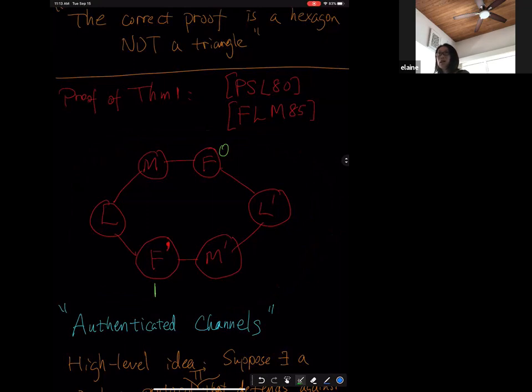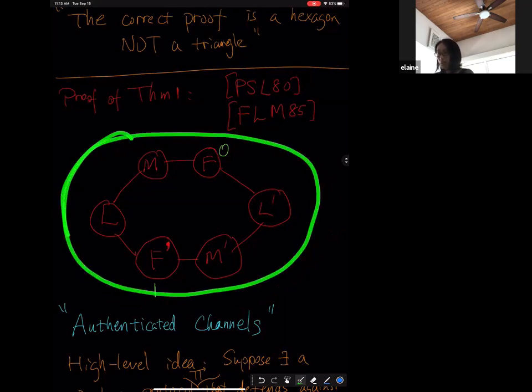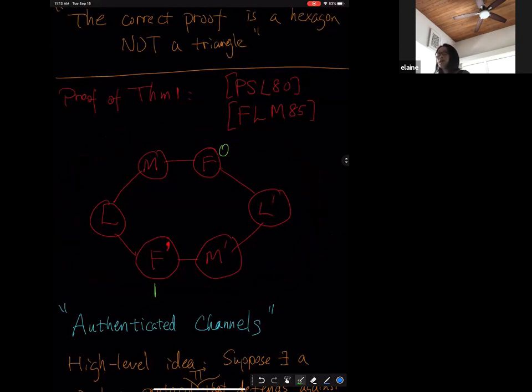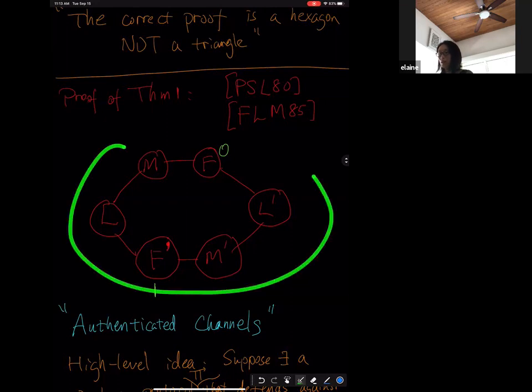There we cannot reach any conclusion because it's not possible for us to apply the property of the protocol pi. In order to apply the property of the protocol pi in the proof, we need to take the same execution, which is the hexagon execution, and interpret it in 3 different ways as a 3-player execution. But all of the interpretations are talking about the same experiment, and that's also important.